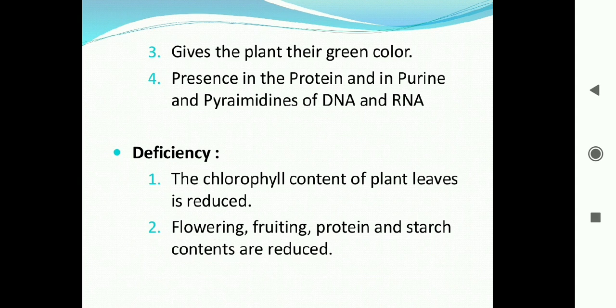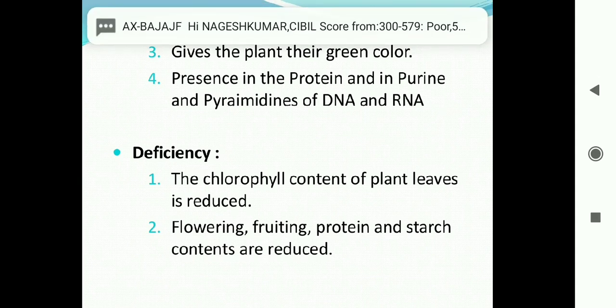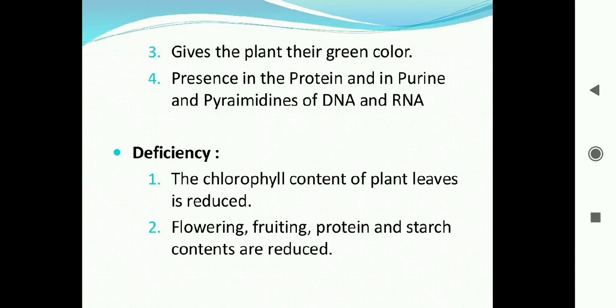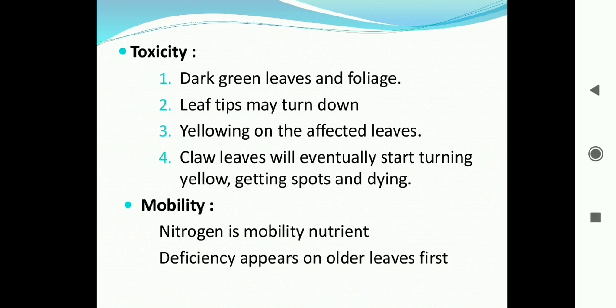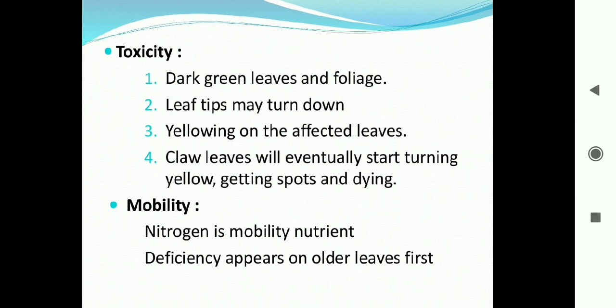Then flowering, fruiting, protein and starch content are reduced. As nitrogen is an important constituent of protein, if nitrogen is not there, then definitely it affects protein synthesis and the starch content of the plant. And secondly, flowering of the plant is also affected because of the nitrogen deficiency. Then toxicity. Toxicity means if the nitrogen supply is more than the requirement.